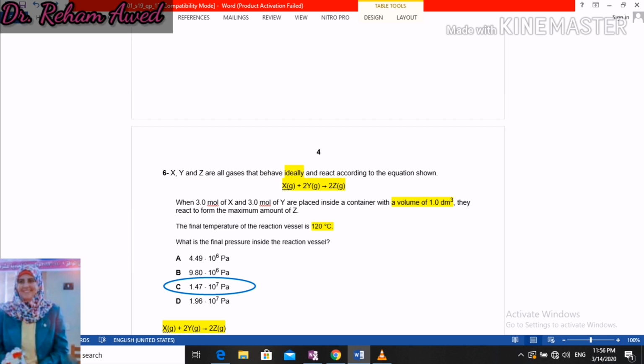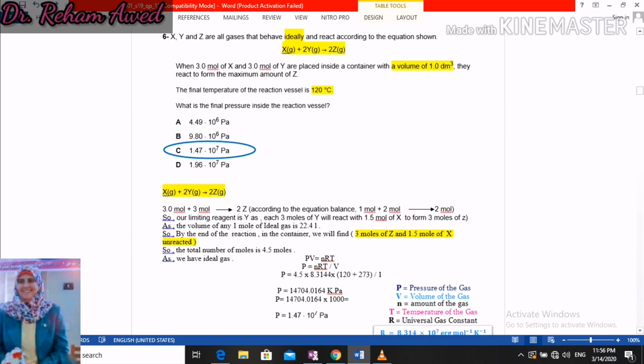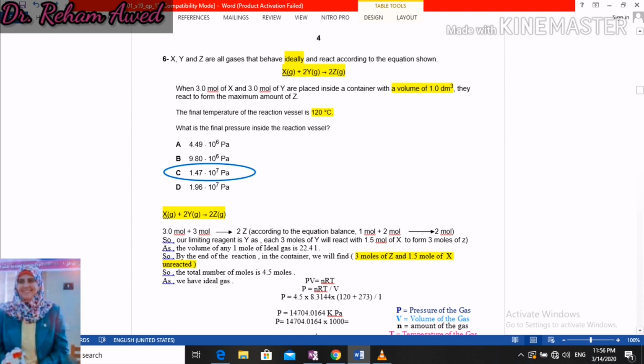We want to calculate the pressure of an ideal gas. The ideal gas equation is PV equals nRT, where P is pressure, V is volume of gas, n is number of moles, R is the universal gas constant, and T is temperature, but it is calculated in Kelvin, not Celsius.